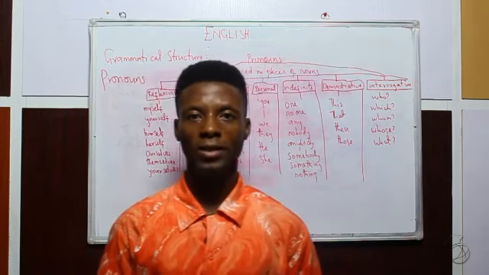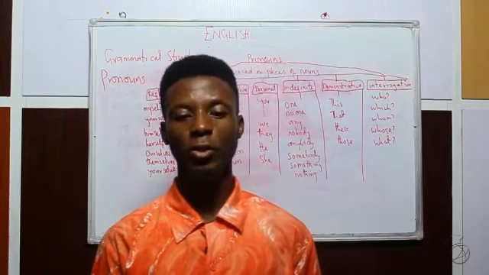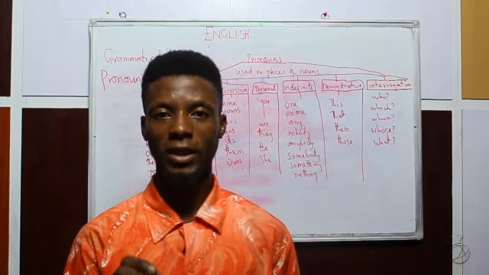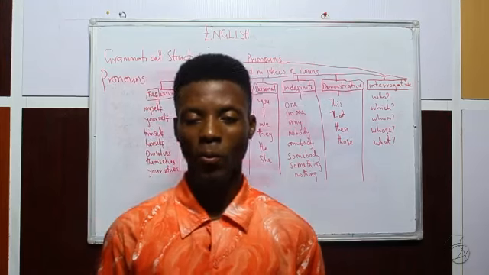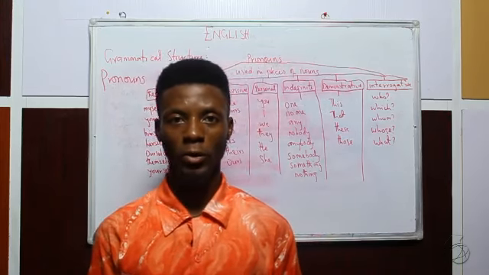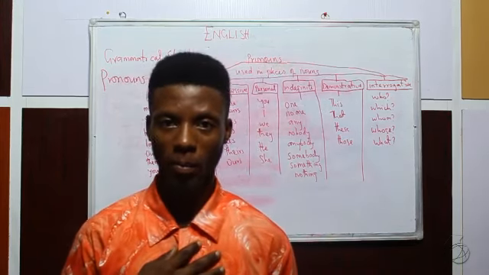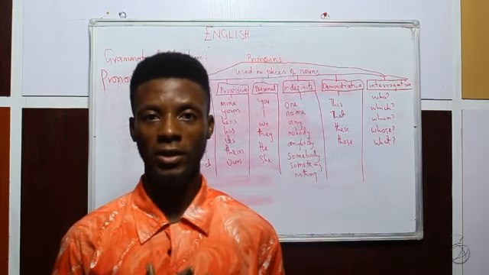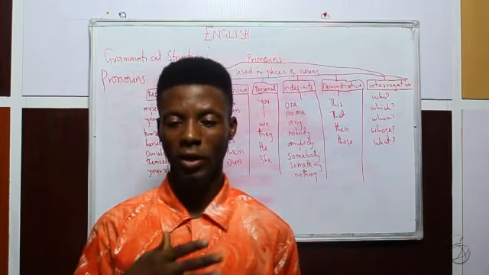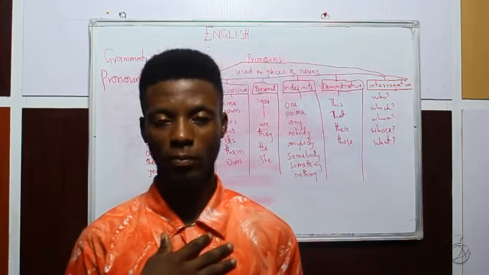Let us take note that when we are making use of the first person plural pronoun, we are talking to someone, but we are referring to ourselves. We are making use of a first person pronoun. That is, we are talking about oneself.